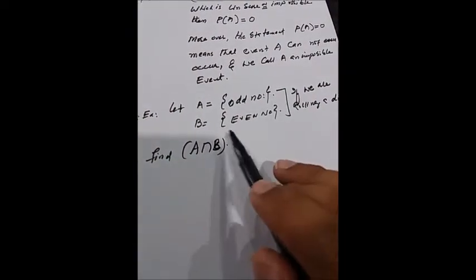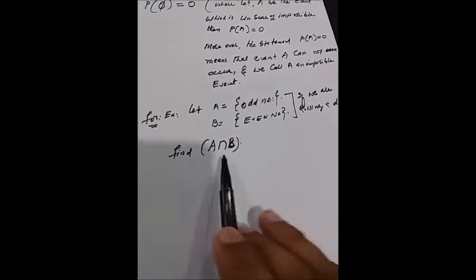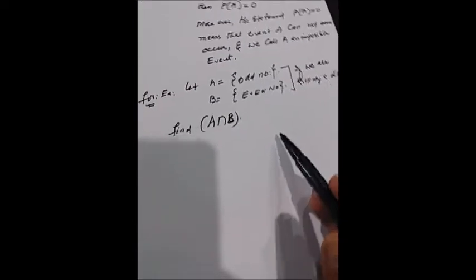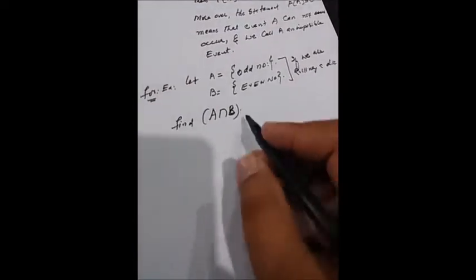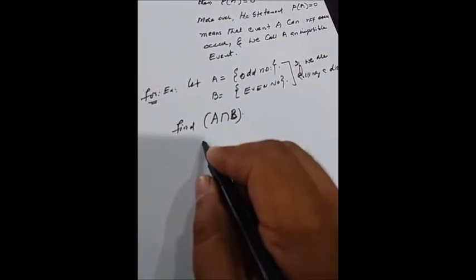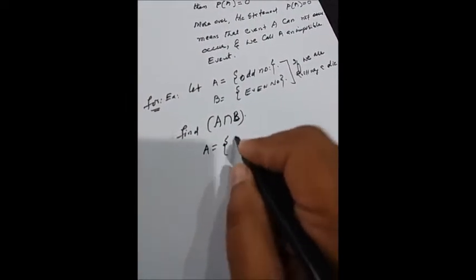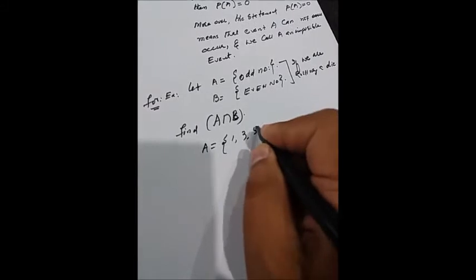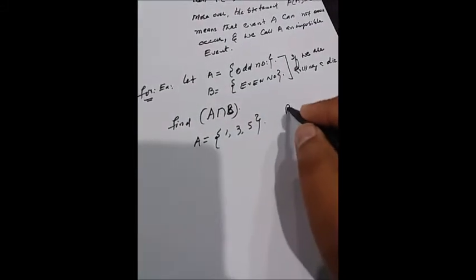As we know, A contains odd numbers, 1, 3, 5, and set B contains even numbers, 2, 4 and 6.